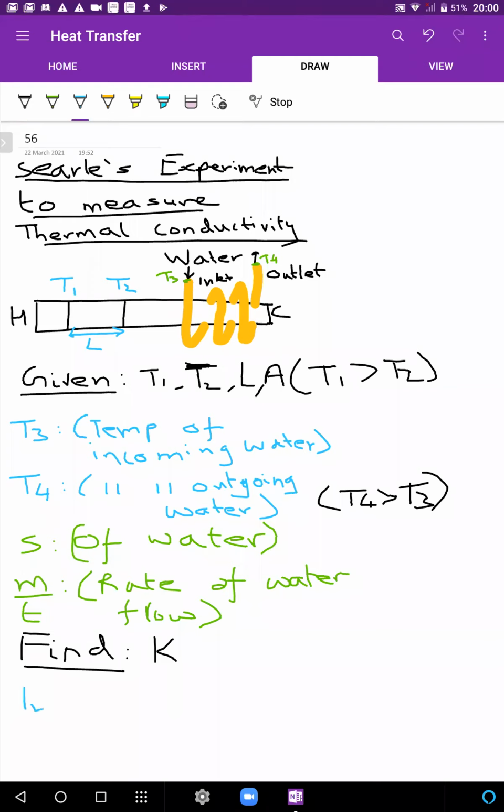Go on. In T time, how much heat is transferred? Simple.